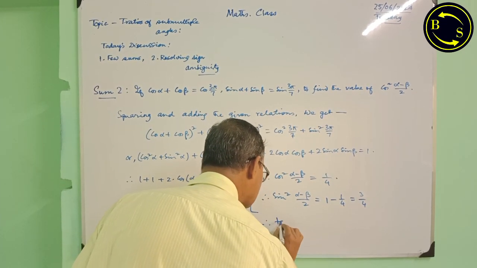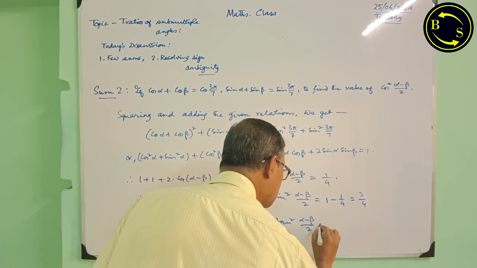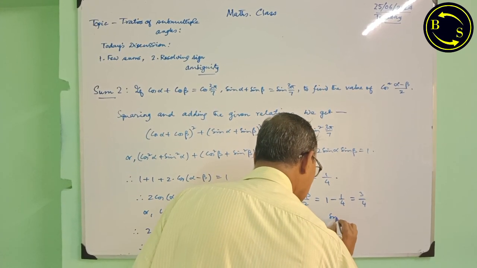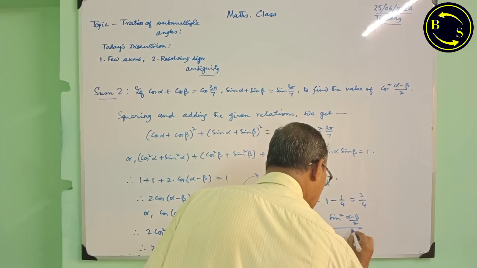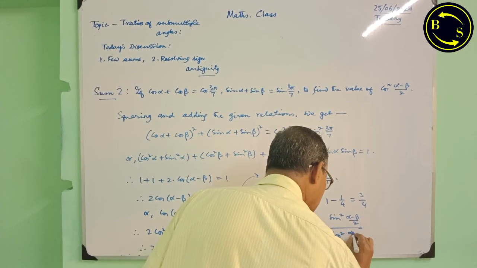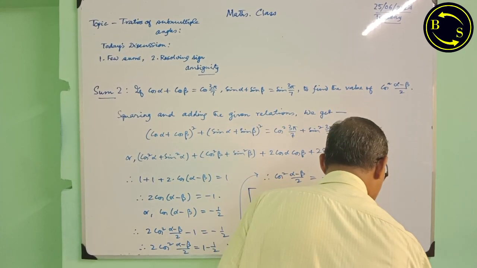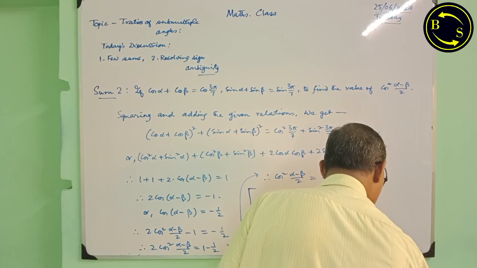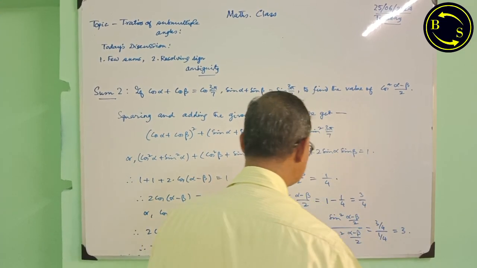Therefore tan square alpha minus beta by 2 is equal to sin square alpha minus beta by 2 by cos square alpha minus beta by 2, 3 by 4 by 1 by 4 is equal to 3.